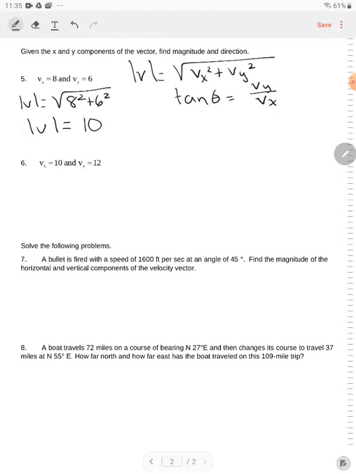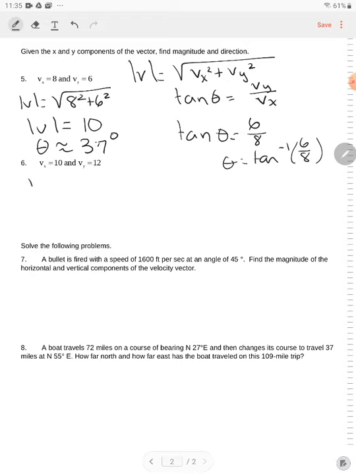So tangent of theta is equal to 6 over 8. So theta is equal to tan inverse of 6 over 8. We get 36.86 degrees. So we're going to say theta is approximately 37 degrees.